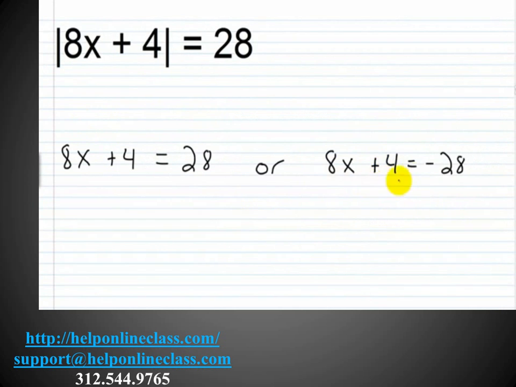And again, if 8x plus 4 would be equal to negative 28, meaning I plugged in some number for x, multiplied it by 8, added 4 to it, and got negative 28 as a result, once I take the absolute value of it, I'll have a true statement because it will be equal to positive 28. That's what absolute value does. It takes a negative number and makes it positive.